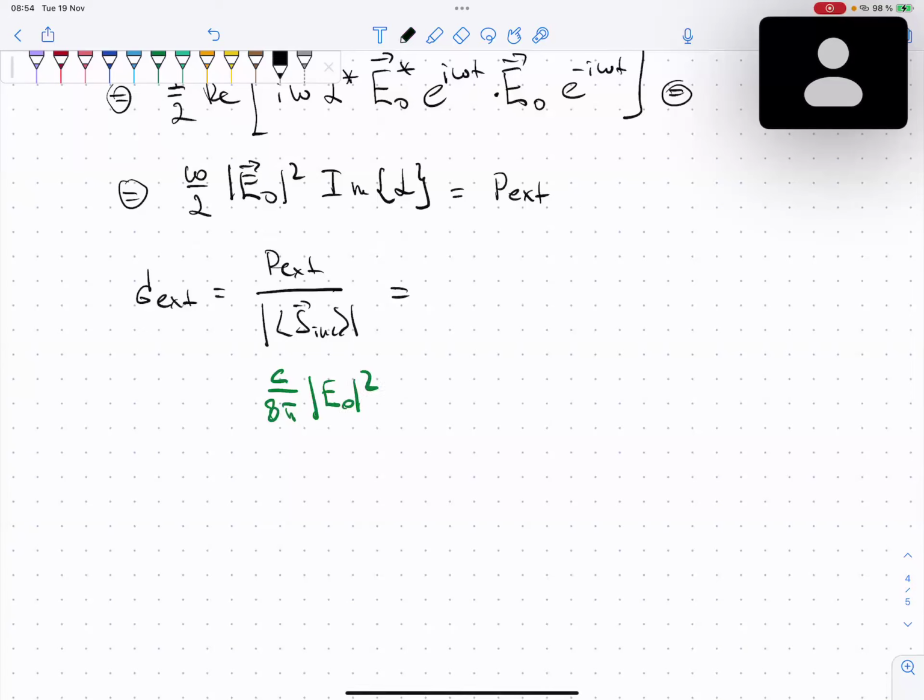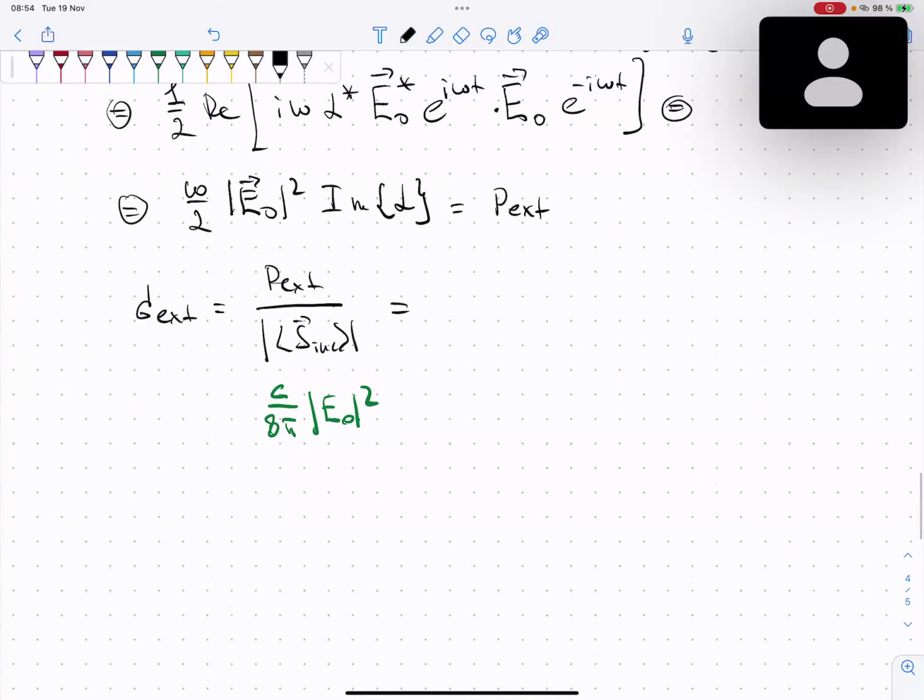So the extinction cross section for a small particle will be c over 8 pi over c omega over 2 E0 squared divided by E0 squared, imaginary part of alpha.